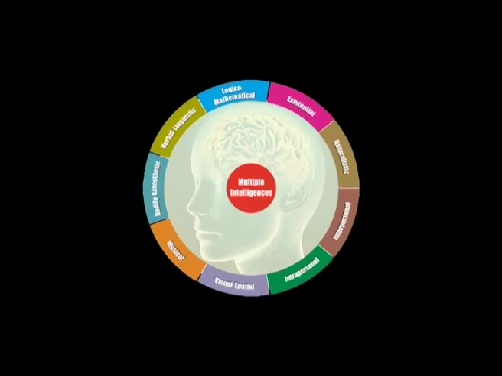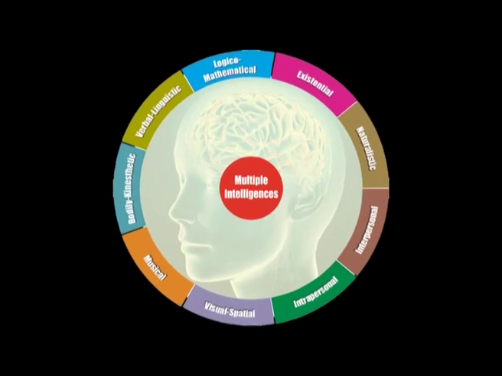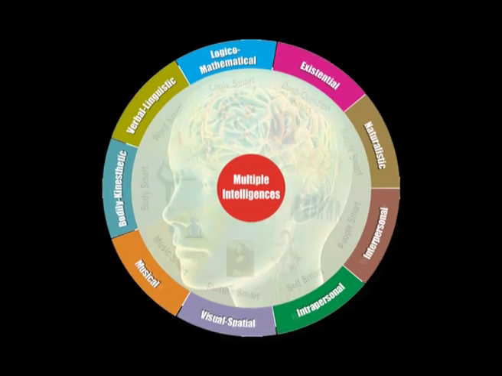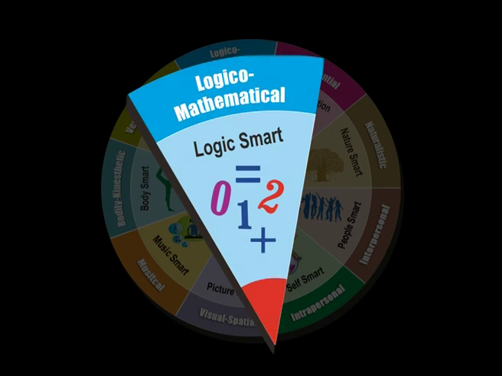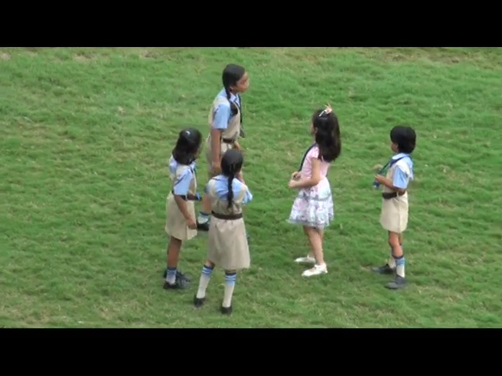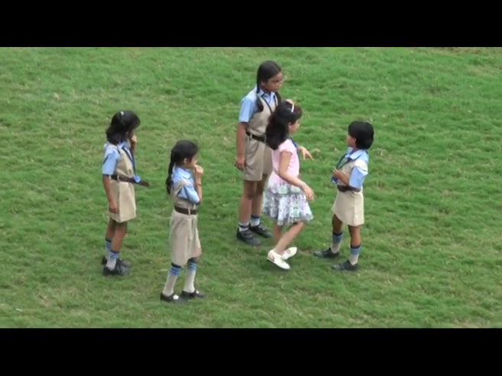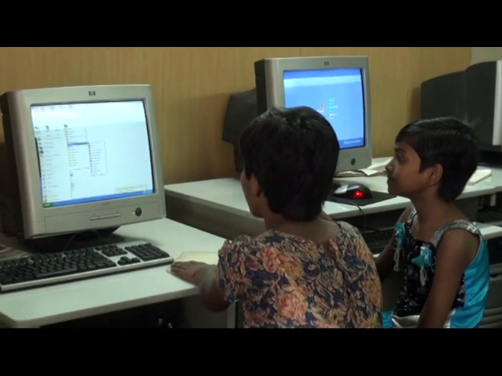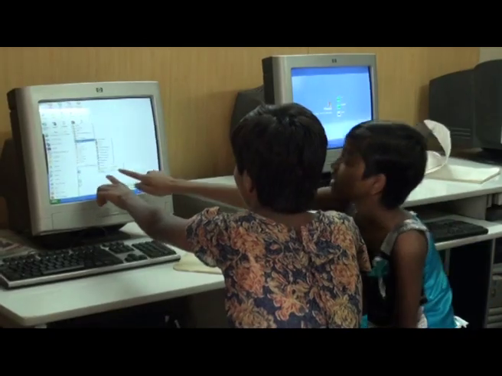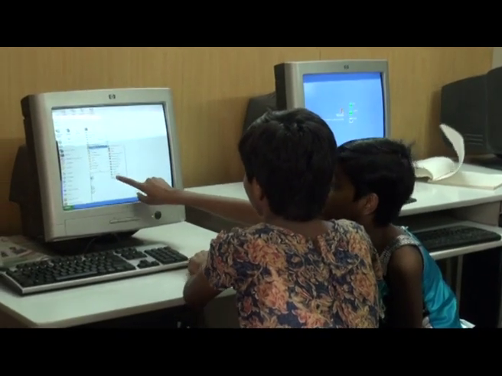He talks about several different types of intelligence that every human child possesses. The first one is the logico-mathematical intelligence, the intelligence that helps us in arguing, reasoning, problem solving. In other words, it is the algorithmic thinking of the human mind.